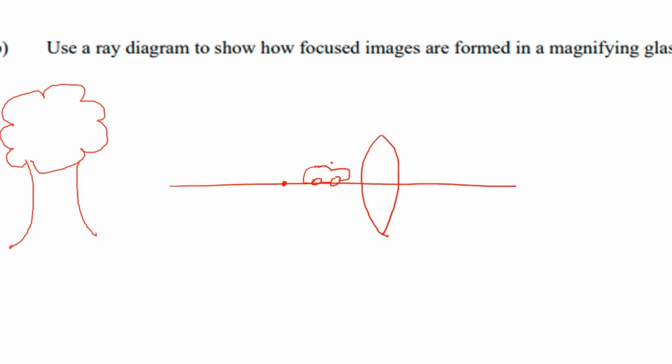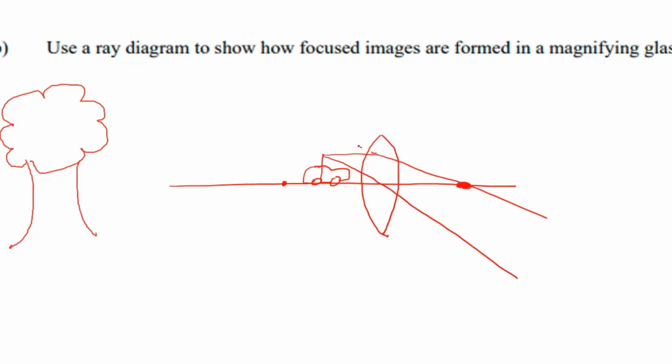So what you would need to do is draw a light ray that goes towards this side. Make sure you have your principal focus here, with a light ray passing through this one. You're going to need another light ray that runs through the center of the lens.